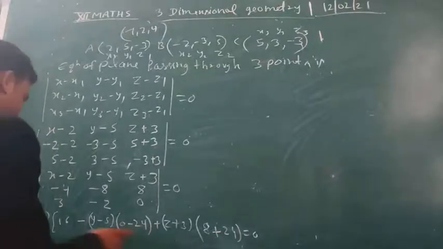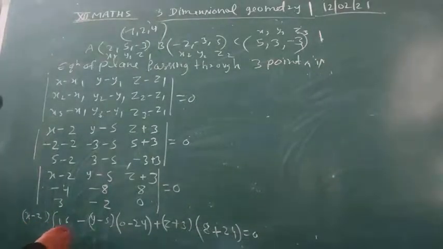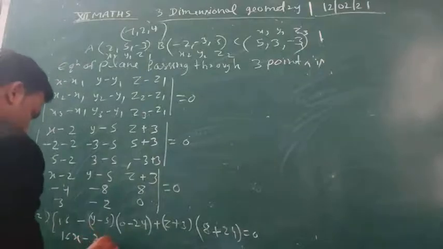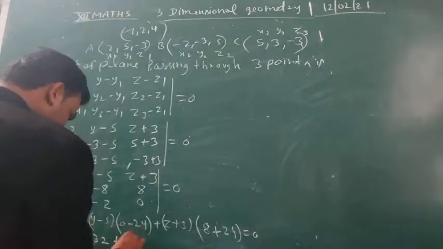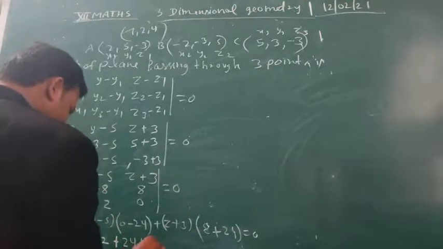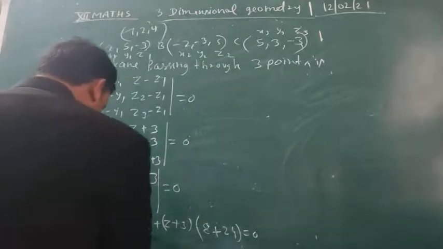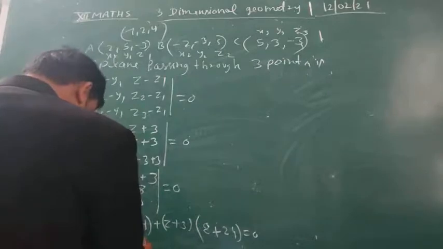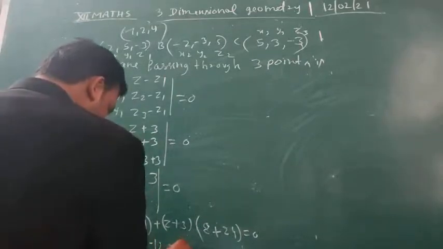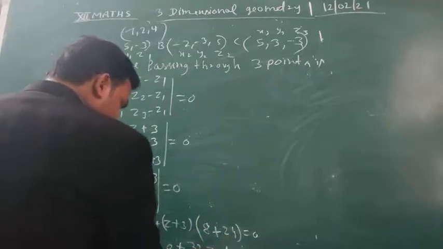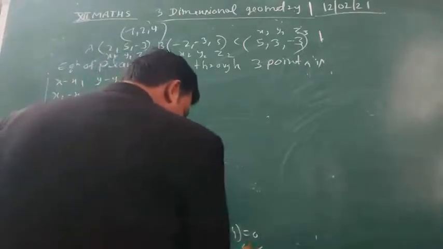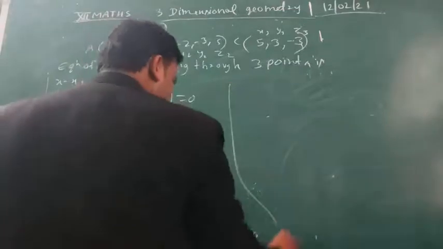Okay, students, now we multiply this, we get 16x minus 32, plus 24y minus 120, plus 32z plus 96, is equal to 0.